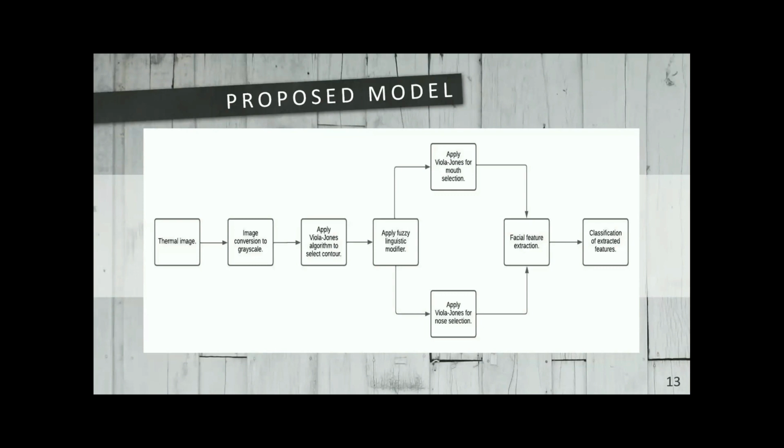After that, we choose two regions. One of those was the mouth, and the other one was the nose. We apply the Viola-Jones, and after that, we get the facial feature extraction. After all these steps are done, we did the classification of extracted features.